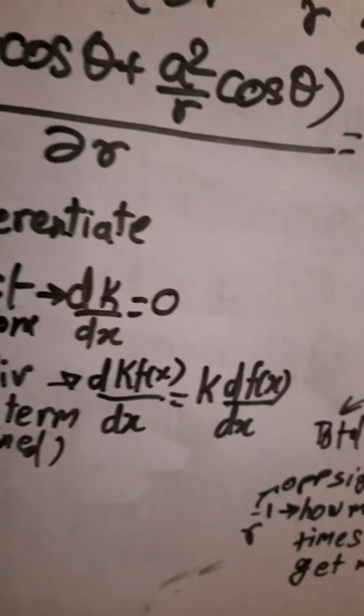So del u by del theta, I just have to take the same function which you have here, which is r cos theta plus a square by r cos theta, del theta.